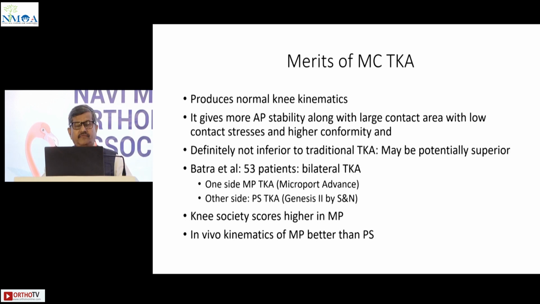They studied about 53 patients in whom they did bilateral TKA. On one side, they had used PS TKA, Genesis 2 by Smith and Nephew, and on one side they had done medial pivot TKA using the Microport Advance implant. And they found that the Knee Society scores were higher in medial pivot knees, and in vivo kinematics of MP was better than PS knee.